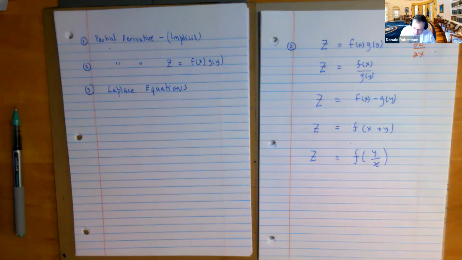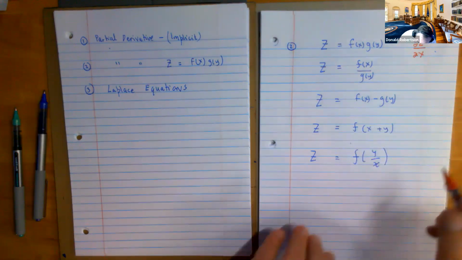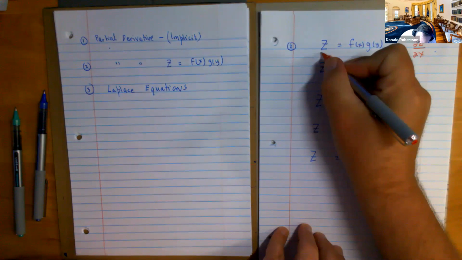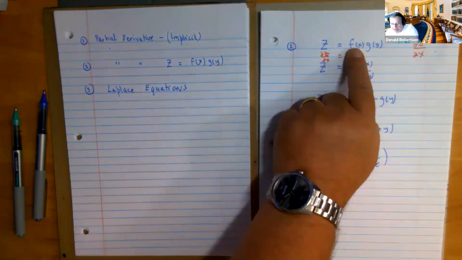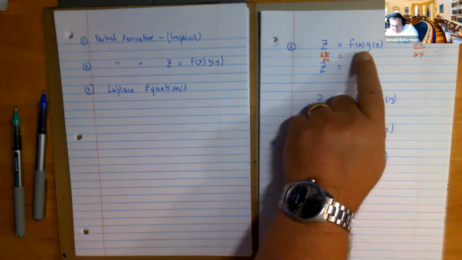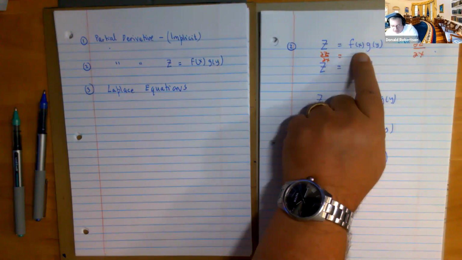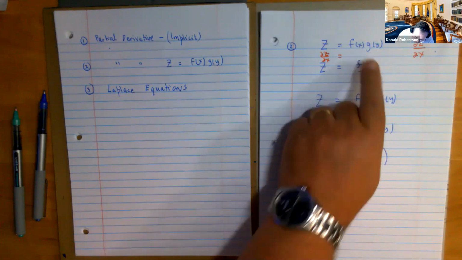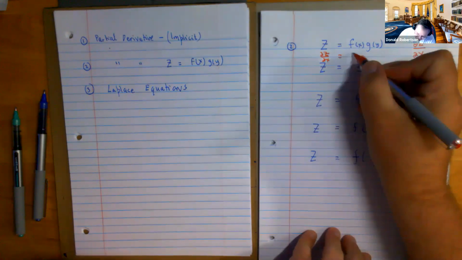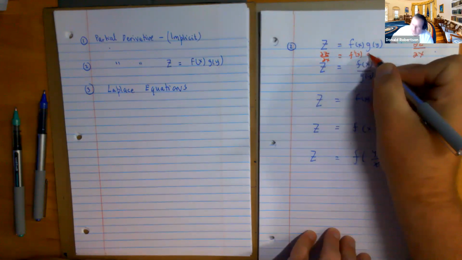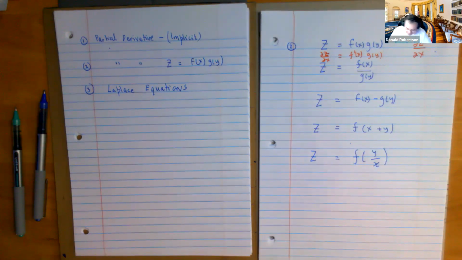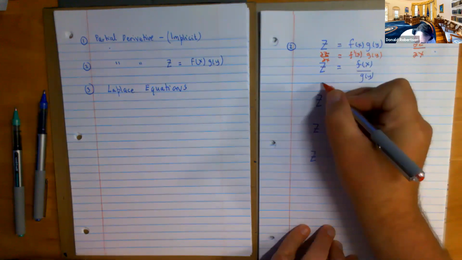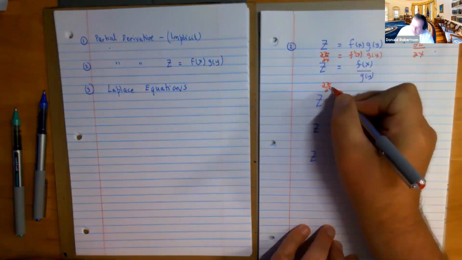So I think I'll go red on this. Let's look at this one. f of x times g of y, right? If you differentiate this, partial derivative with respect to x, don't you just get whatever the derivative of that is times g of y? So, one liner. Now what about this fella? f of x over g of y.